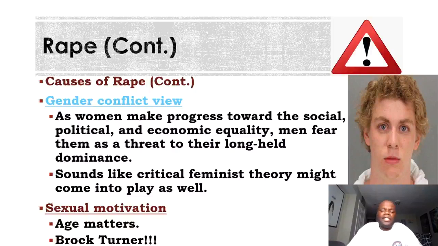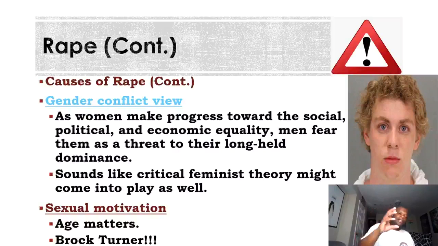In terms of sexual motivation, age does matter. Older individuals who engage in sexual assault and rape, they are generally doing it because of power. They want to show that they have power. Younger people like Brock Turner, this despicable, horrible person that you see on your screen, he's doing it because he just wanted to have fun.